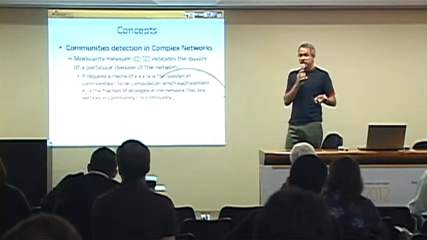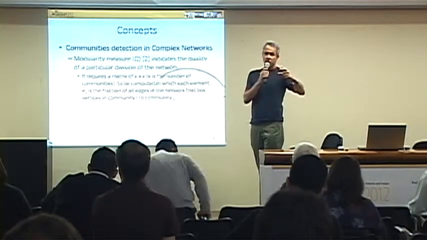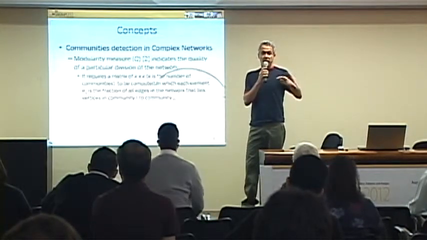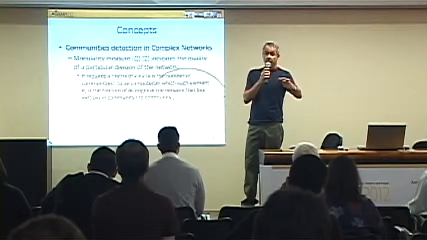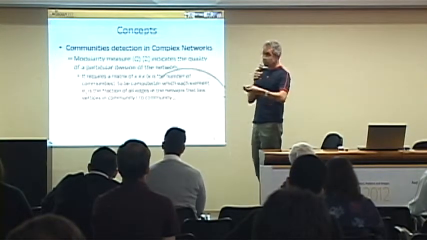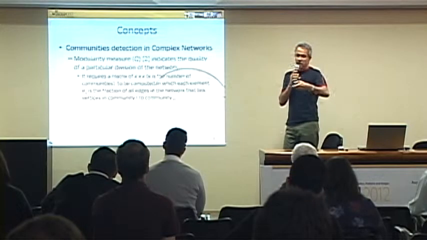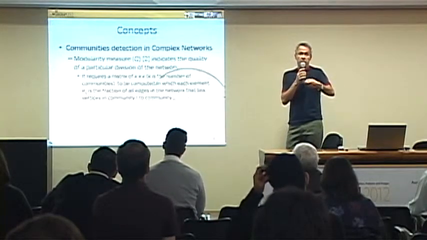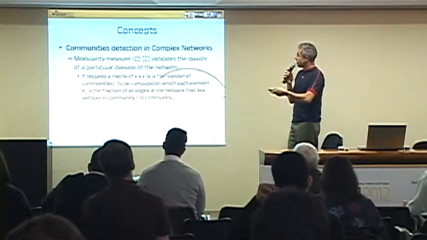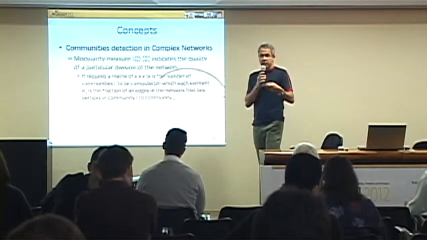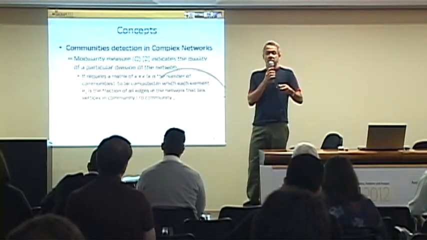Because in the end of the day, by grouping, by computing communities, you can say, well, if this is a community, then just label those pixels as belonging to a unique region in the image. Okay? And how do you tell that this has been a good computed partitioning?